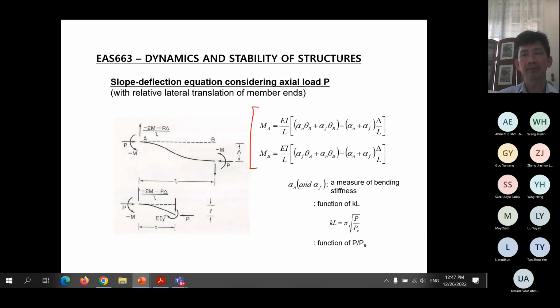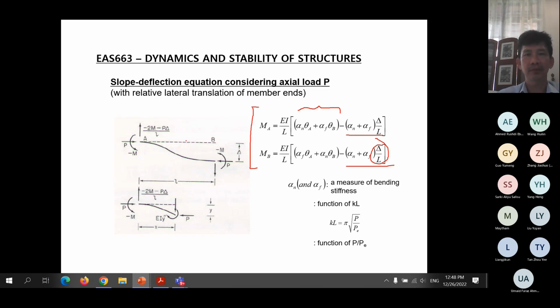If there are no end rotations, then this term disappears. If theta A and theta B are 0, then this term will disappear. And if there are no end translations, meaning delta equals 0, then this last term will disappear.